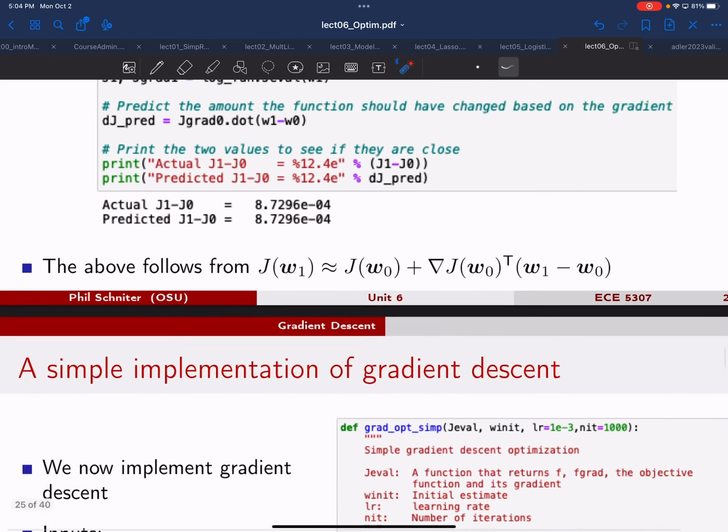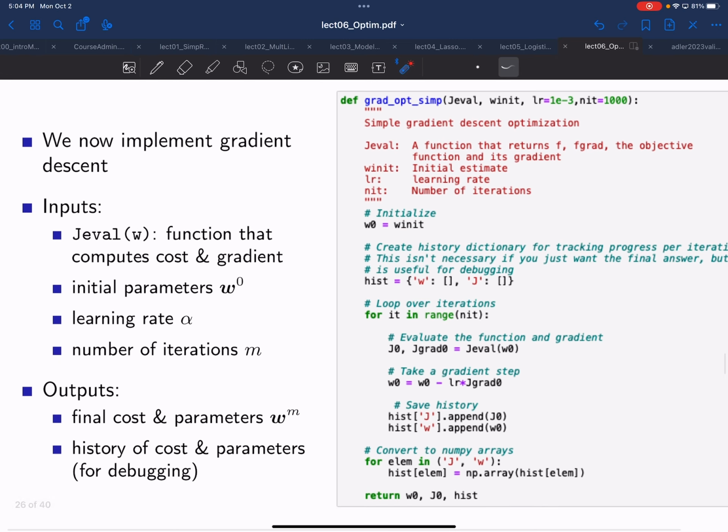Okay, so we're almost done. So now we have everything we need to basically implement gradient descent. Here we have a for loop that iterates just over integers. Nit is just the number of iterations we're going to run. And what we do at every iteration is really just 2 things.